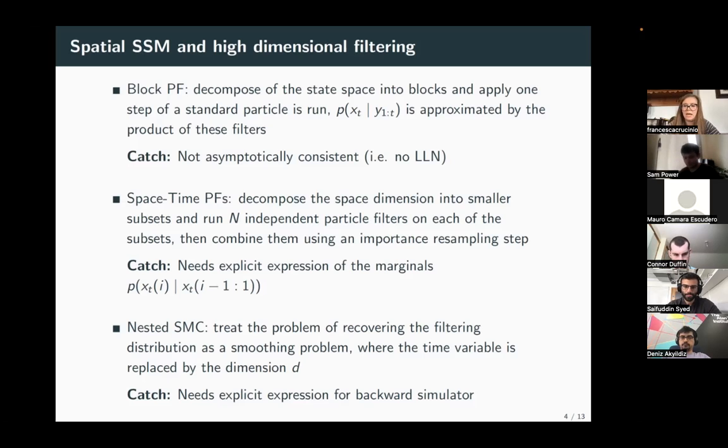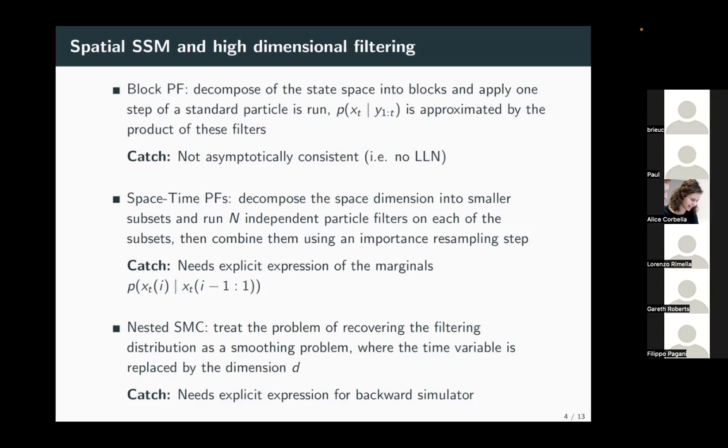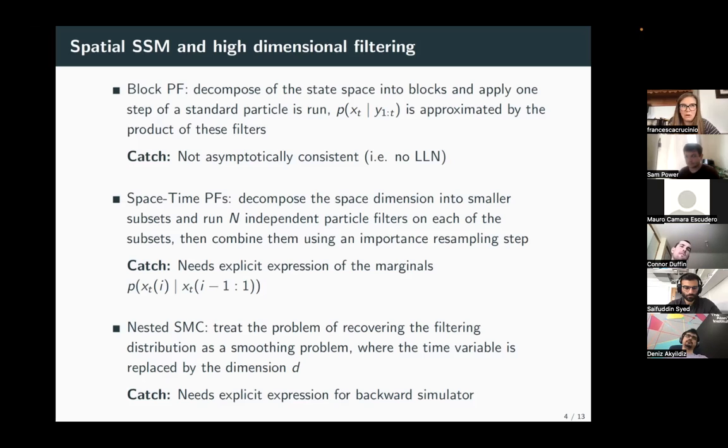We can apply a particle filter to each of these blocks. And then if we take the product of these filters, we get an approximation of the full filtering distribution over the whole state space. If you think about it for a second, this idea might give you an approximation, but probably not a really good one, because you're kind of assuming that the blocks are independent. And we know that is not the case.